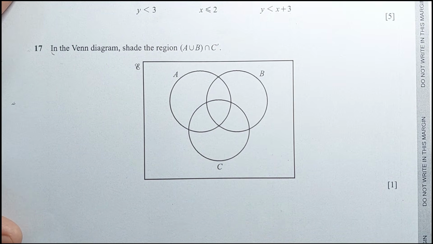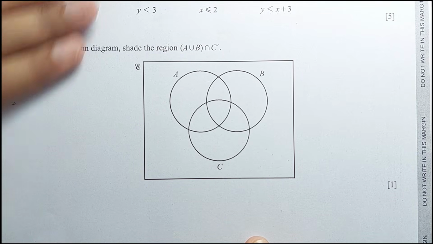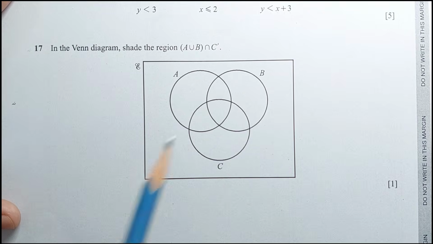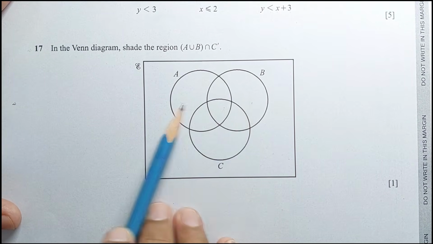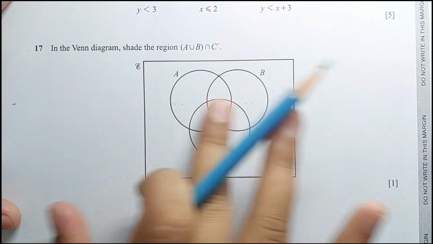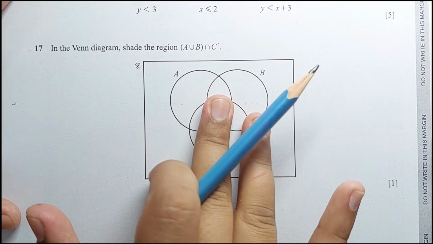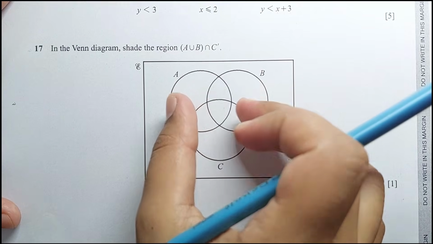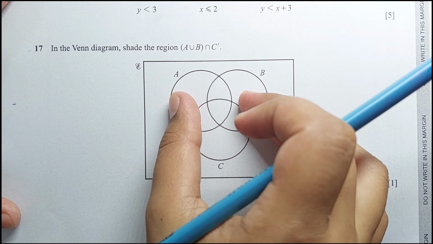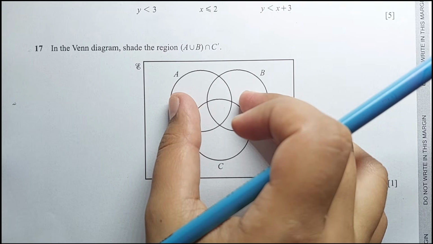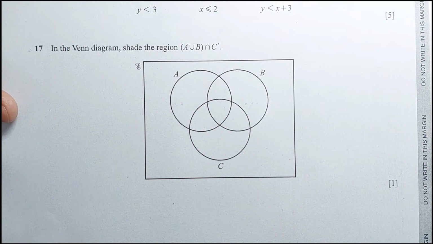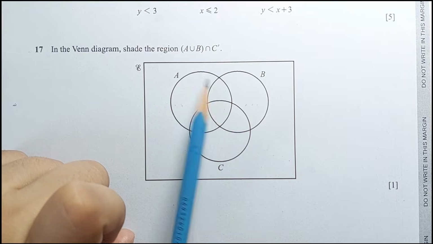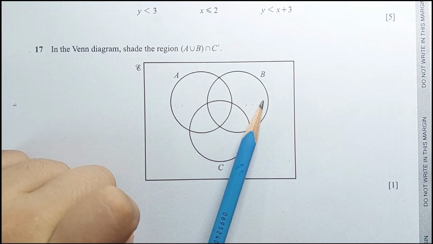Question number 15. In the Venn diagram, shade the region A union B and its intersection with C complement. A union B: this is set A, this is set B. We need to take the union, and its intersection with C complement, the region that is outside of C. So this is C. A union B is the shading for the whole set A and the whole set B, right?